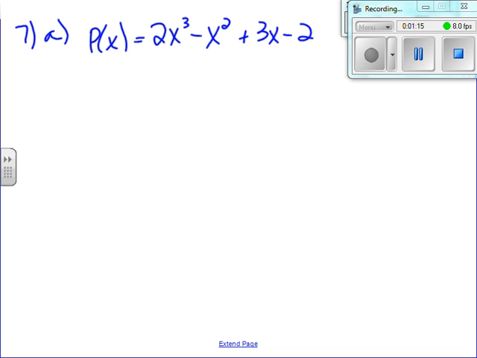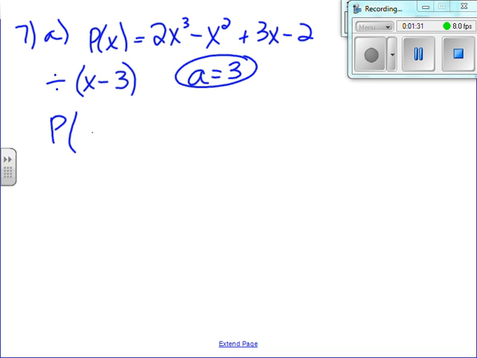It's a good way to always start to get everything organized. Now I know that it's being divided by x minus 3, which means a is equal to what? You have to remember to take away the negative, so a is actually equal to 3. Now what I'm looking at is p of 3.